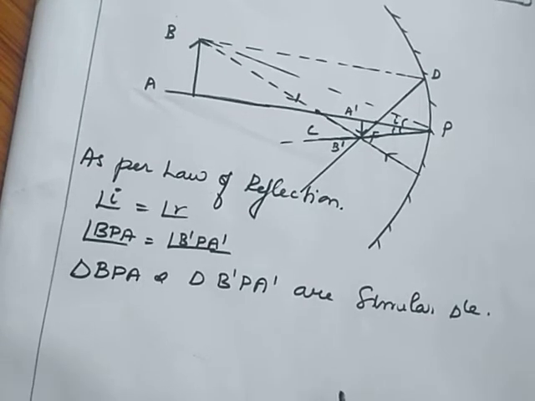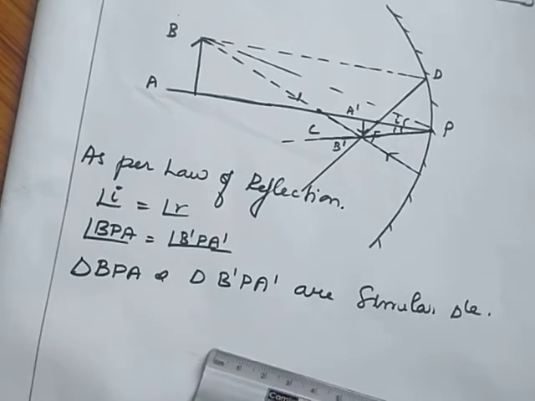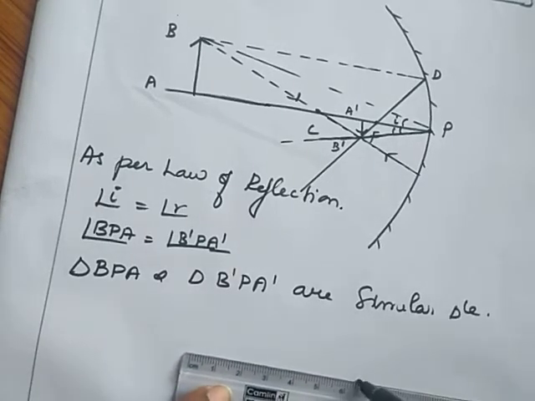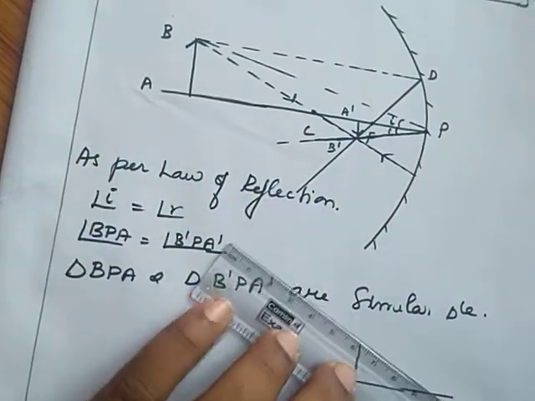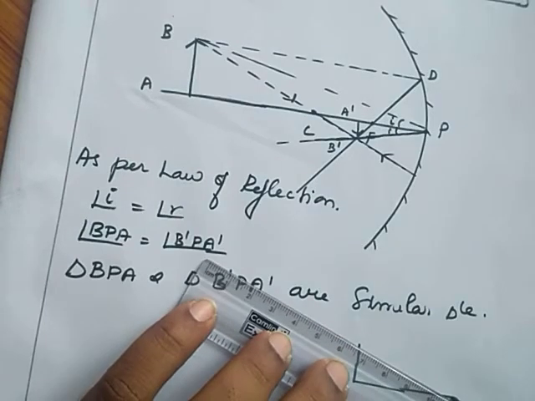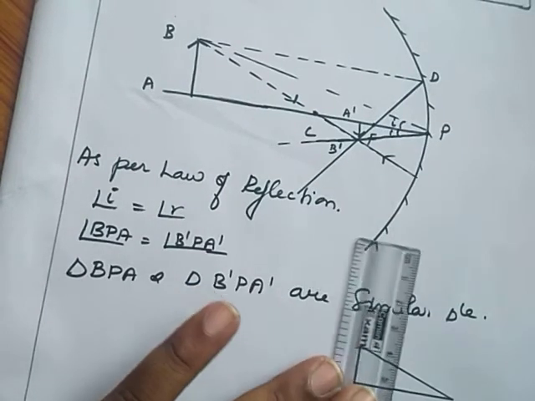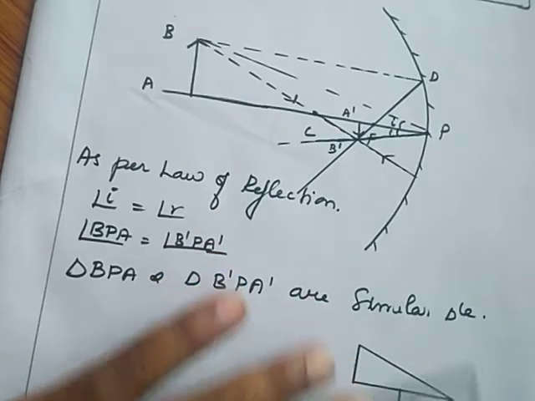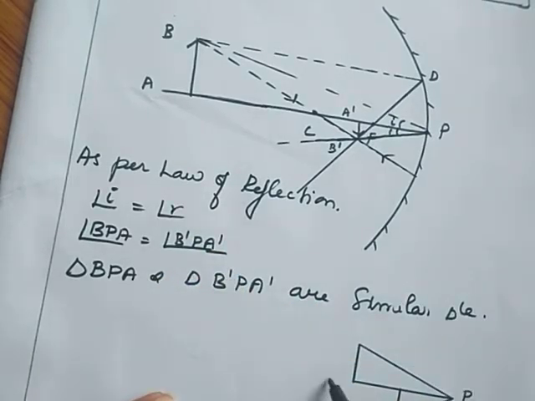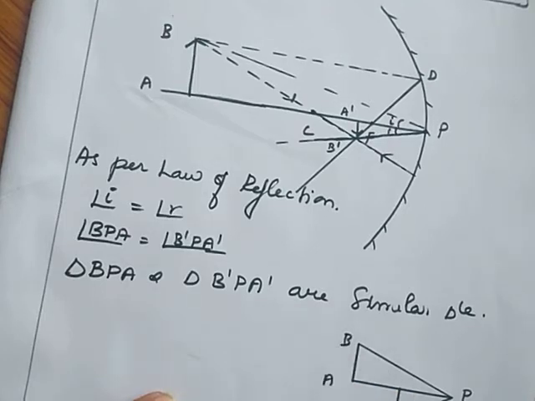For similar triangles, we know the ratio of sides is the same. First of all, I consider the triangles. This is the point P, this is A, this is B, this is B dash, this is A dash.